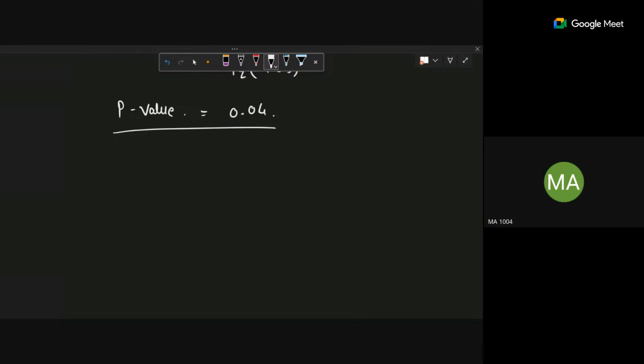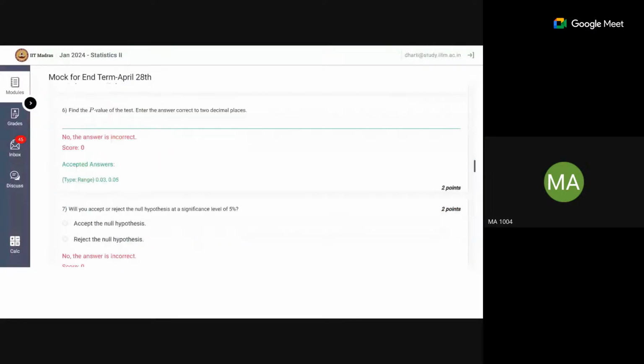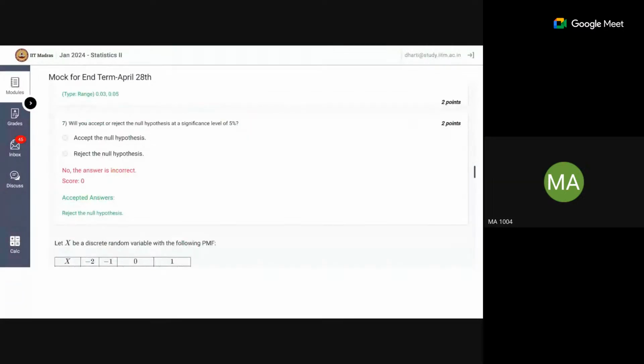So fine. Now we have the p-value. What is the next question? Will you accept or reject the null hypothesis at a significance level of 5%? This is something we have discussed in the last session, right?